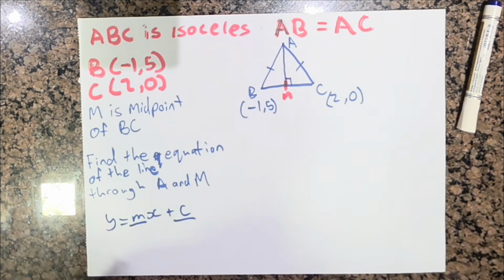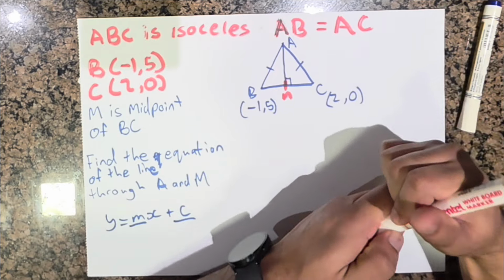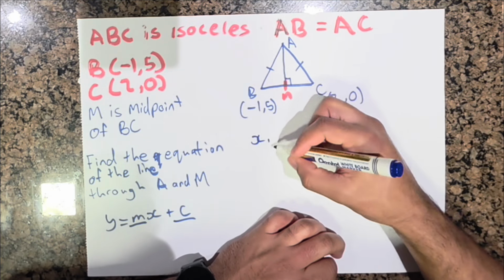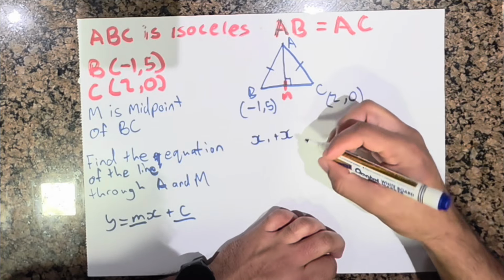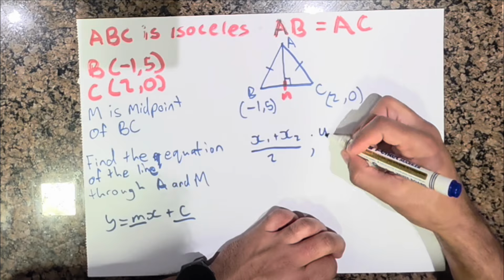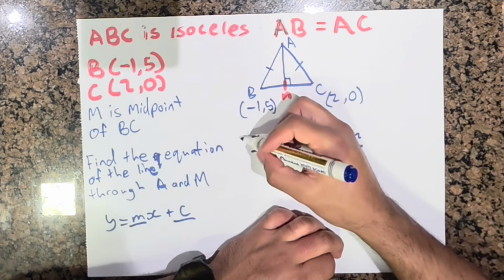So we need to find the gradient and we need to find the y-intercept c. We're going to start by firstly finding the coordinates of M. So you should know the midpoint formula, which is just x1 plus x2 over 2 and y1 plus y2 over 2.